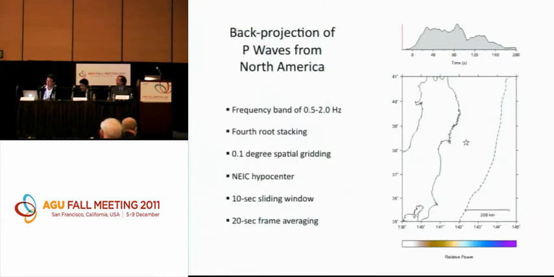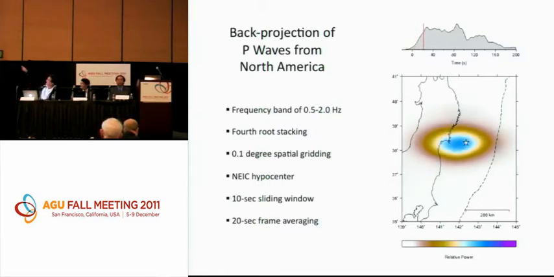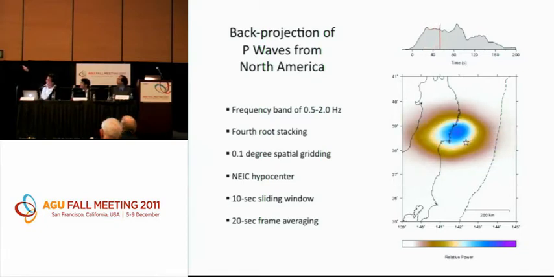Yeah, so you can see the scale bar at the top. Let me see if I can get the movie to play again. You can see the energy takes place over about 3 minutes, and you can see the red line moving across in time.